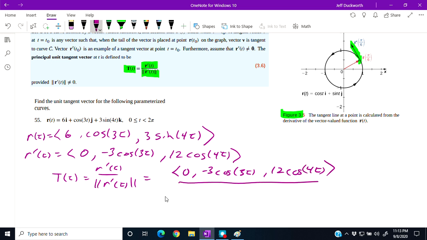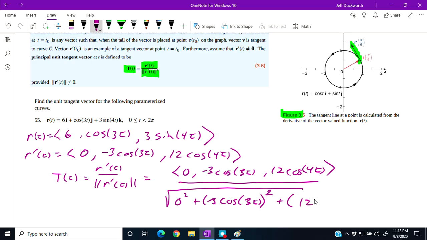And the magnitude, well, first one's 0, so there's no issue there. That's all squared. And finally, this one.